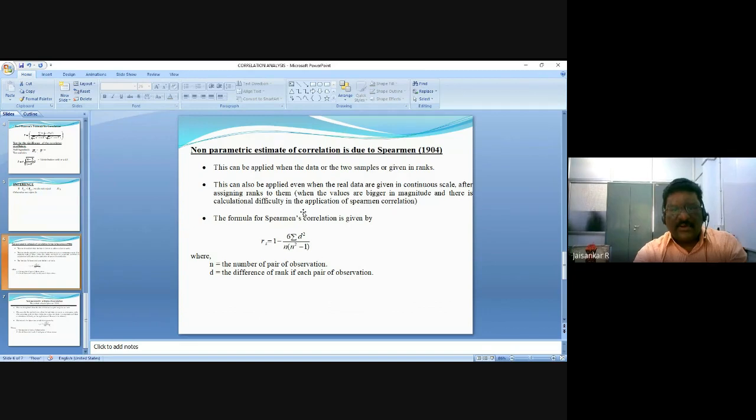So how does it come? It comes from measuring correlation by means of the difference of ranks. You find the difference in ranks, square the differences, and use this formula. You can get the answer for this problem.